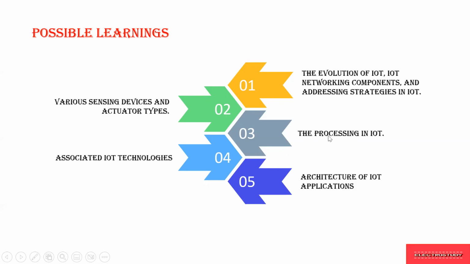The third possible learning is the processing available in IoT. The fourth learning is the many technologies that are used in IoT. And finally, the fifth possible learning is about the architecture of a complete IoT application.